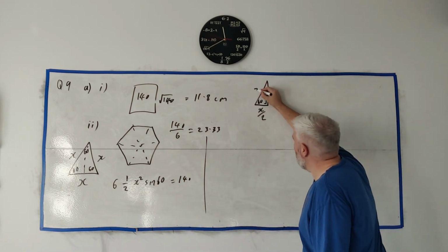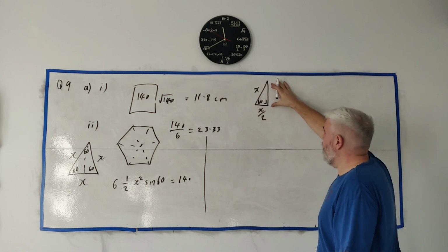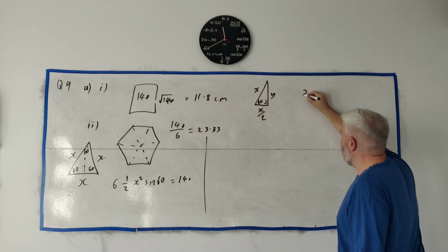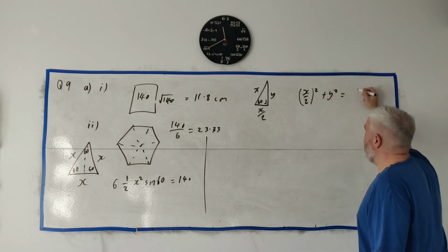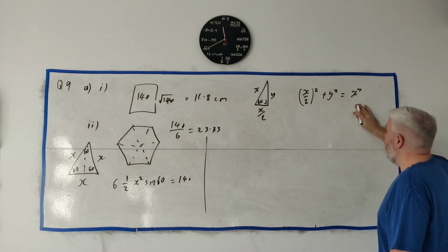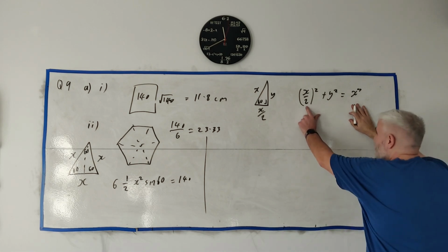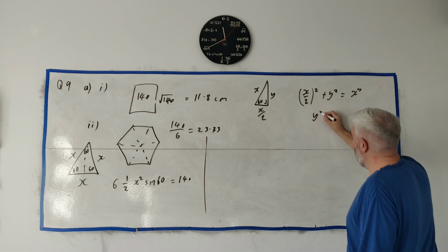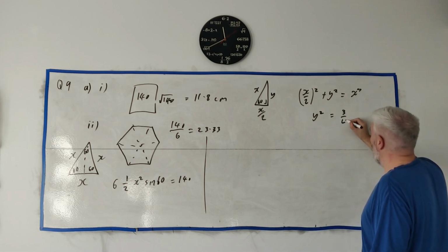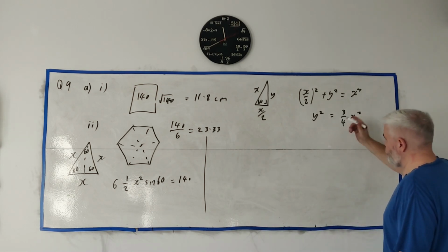The other way would be to notice that this side is x, so let's say this side is y. That means (x over 2) squared plus y squared is equal to x squared. We try and solve that. That's x squared over 4, and this is just an x squared, so y squared is equal to 3 over 4 x squared.